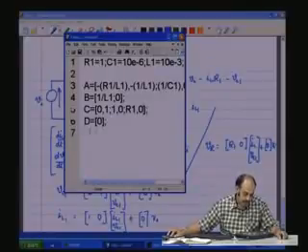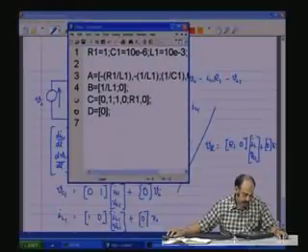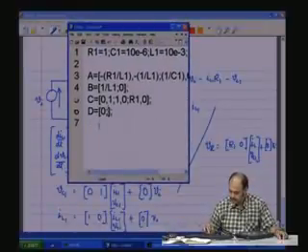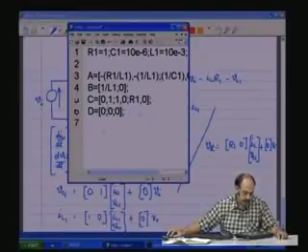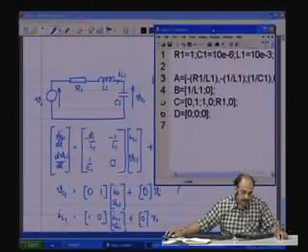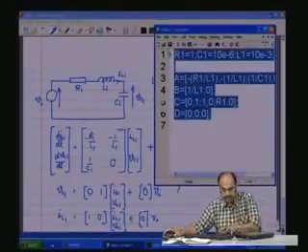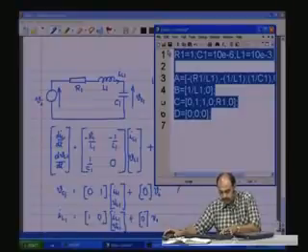And in the case of the D matrix, it is 0, 0, 0 all throughout in this particular case. So, this is the model where we want to see the multiple outputs with respect to a single input.